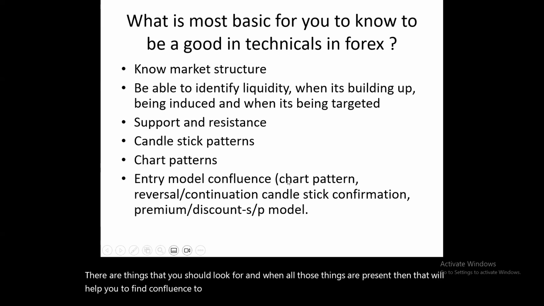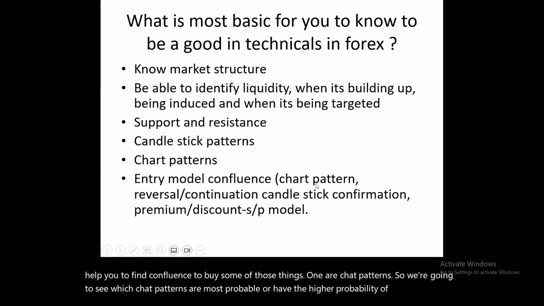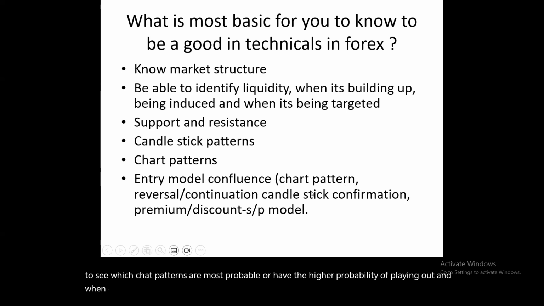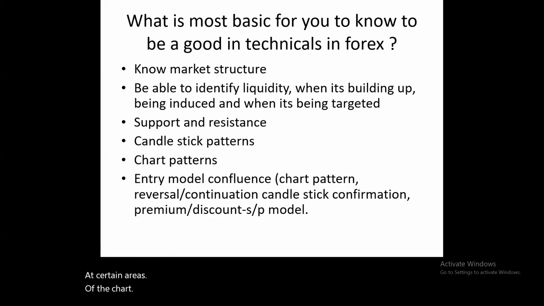Some of those things, one, are chart patterns. We're going to see which chart patterns have the higher probability of playing out. When you identify those chart patterns at certain areas of the chart, you look at candlesticks within them for either reversals or confirmations.